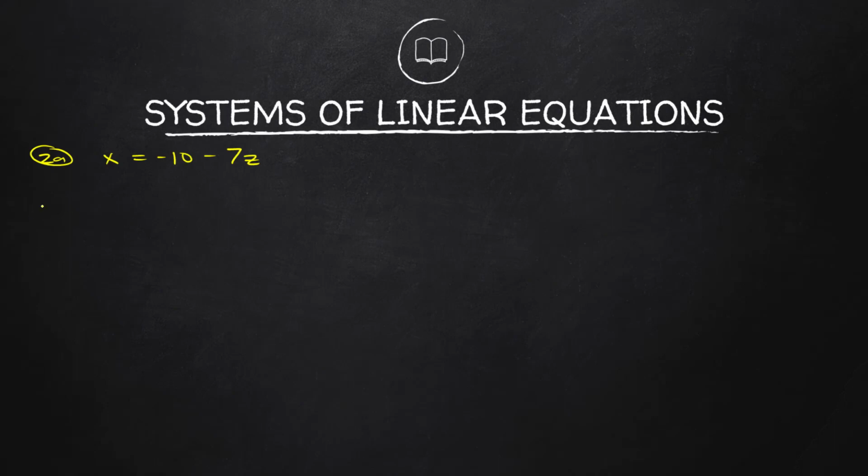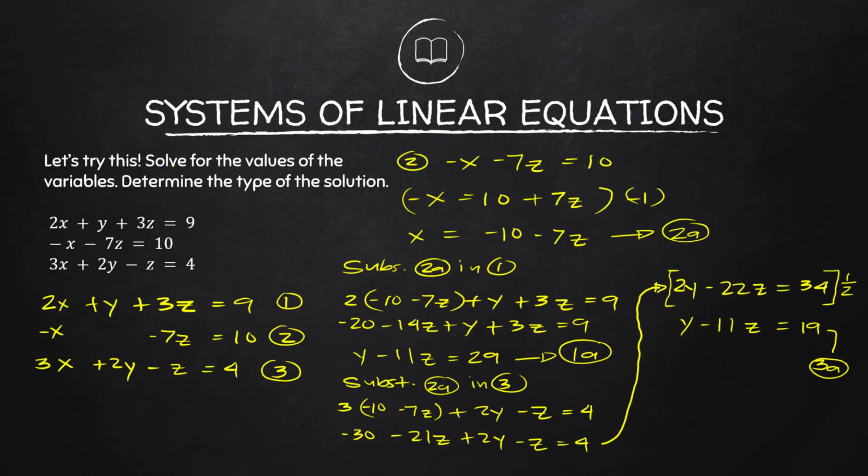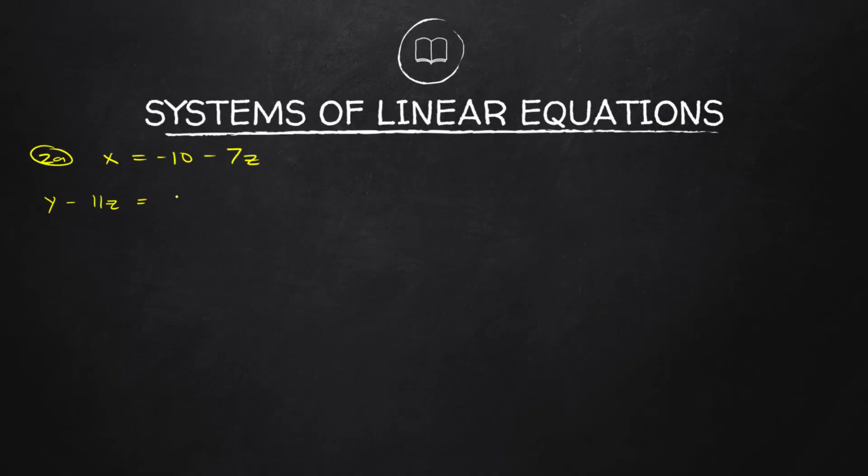And then we have equation 1a, being y minus 11z equal to 29. This is your equation 1a. And equation 3a is y minus 11z equal to positive 19. This is equation 3a.